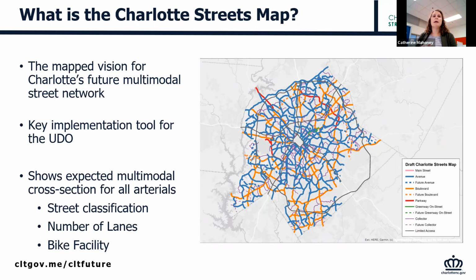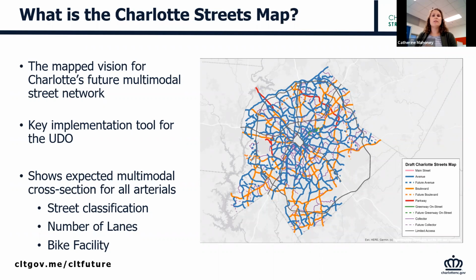The Charlotte Streets map reflects council adopted policies that have been developed and refined over the years. And it shows the recommended cross-section for our arterial streets. The map is not a project list, meaning that for these future cross-sections that we want to see as development occurs, we don't have specific plans or funds identified for when and how to build them, but this is really just the vision for how these streets should evolve over time.